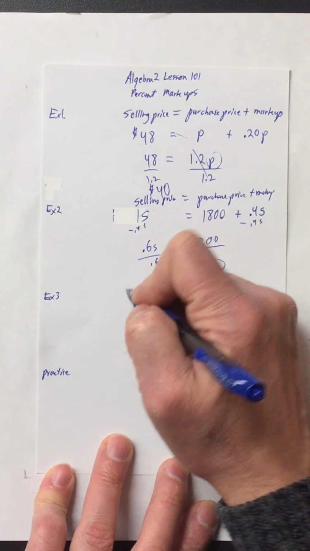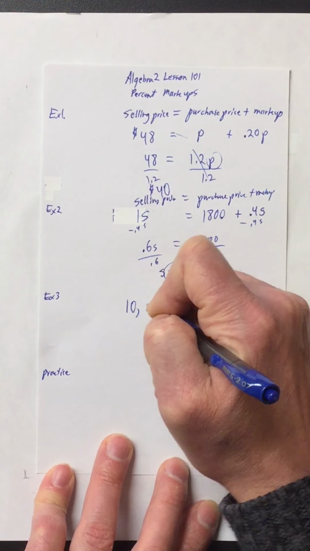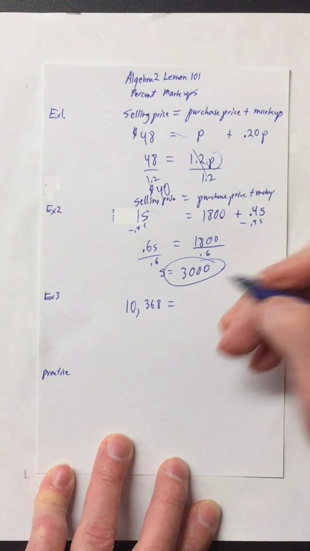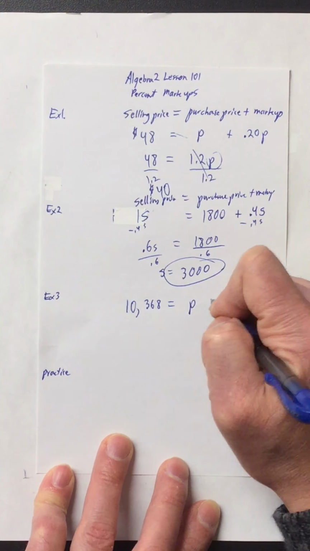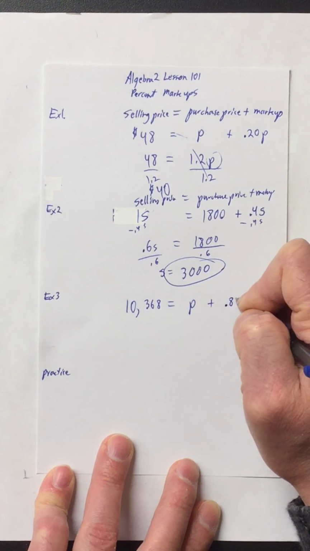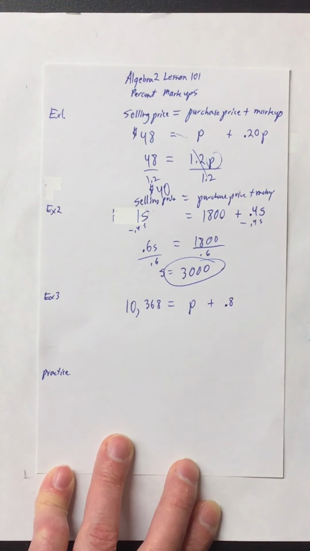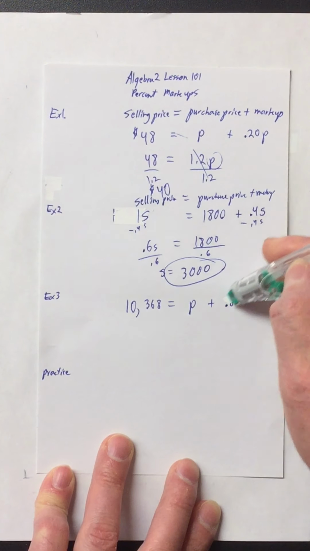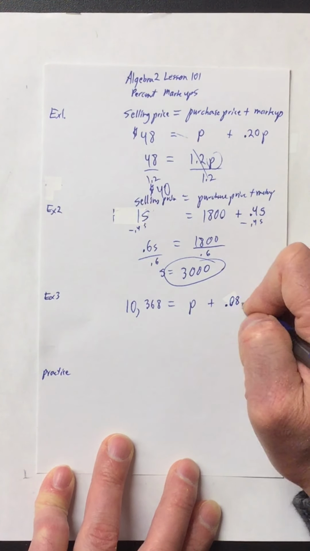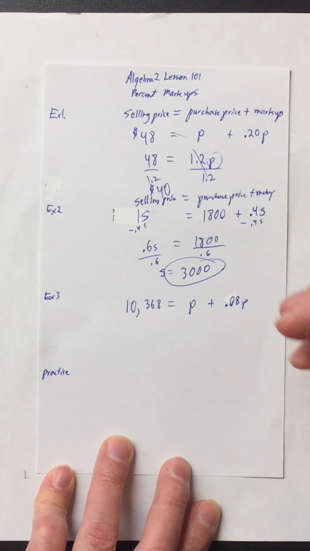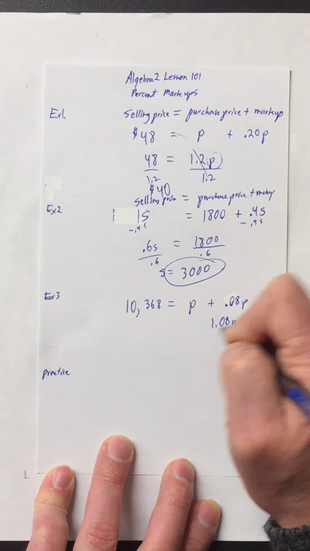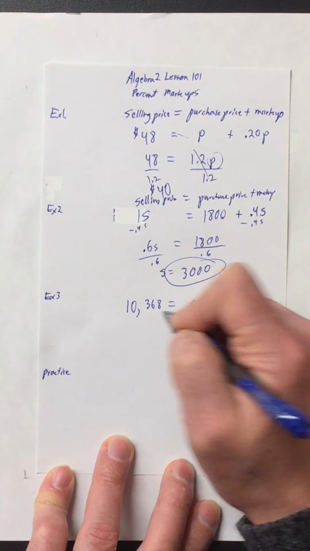Okay, so the selling price was $10,368. That's equal to our purchase price plus our markup, which was 0.8. Oh, sorry, not 0.8, that would be 80%. It's 0.08 of the purchase price. So if we combine those, we get 1.08 times the purchase price is equal to our total amount.